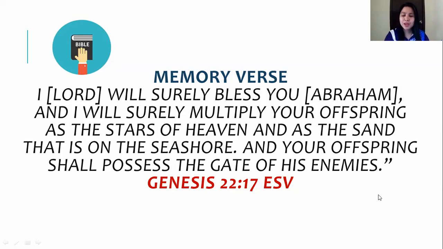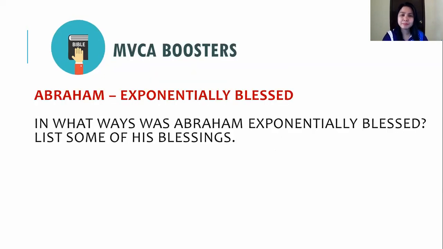And this time, your MVC Boosters is centered on another Bible character. We have Abraham, exponentially blessed. You need to share with us in what ways Abraham was exponentially blessed. You need to list some of his blessings.